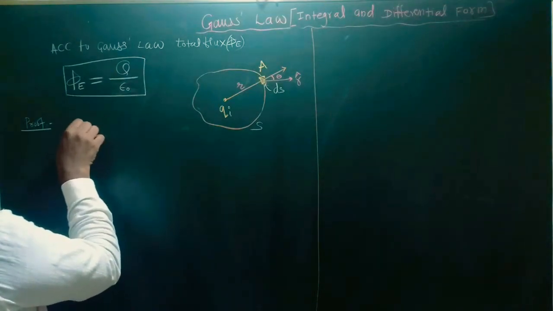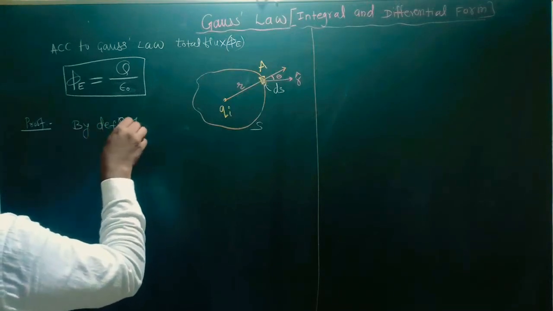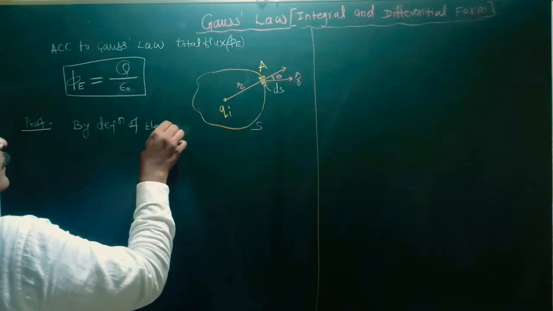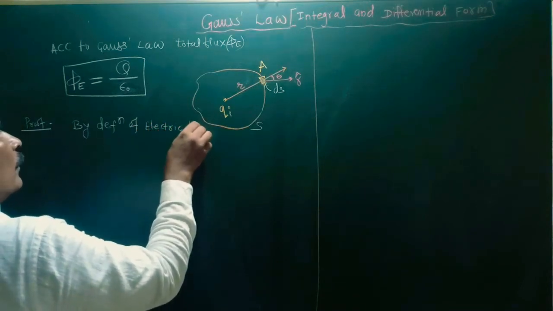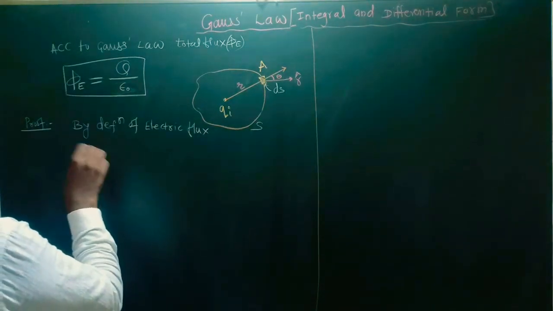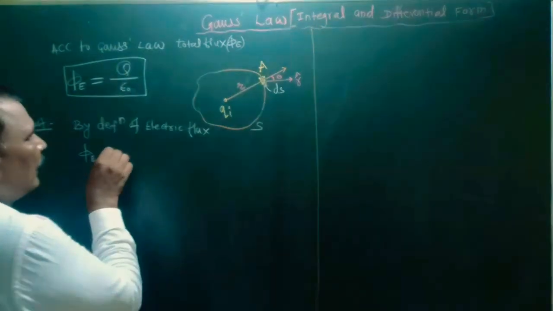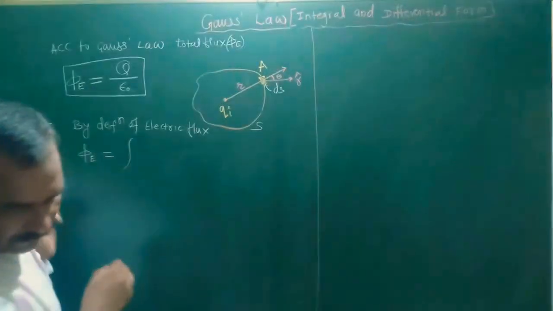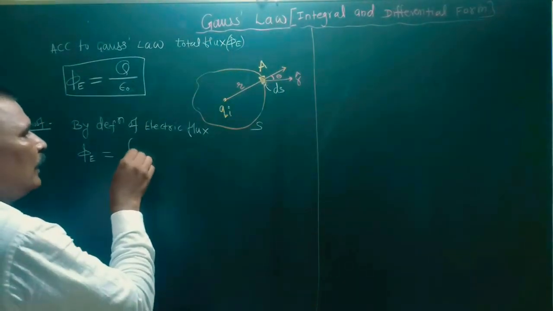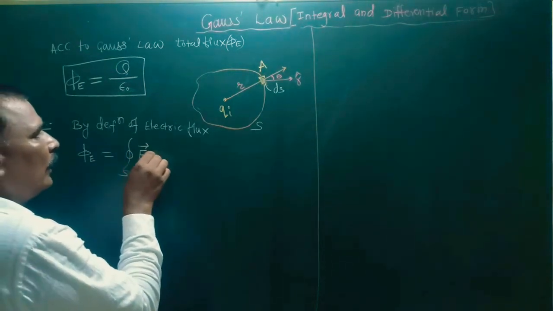By definition of electric flux, phi E is the electric flux, and it is equal to the surface integration over a closed surface of E bar dot ds bar.